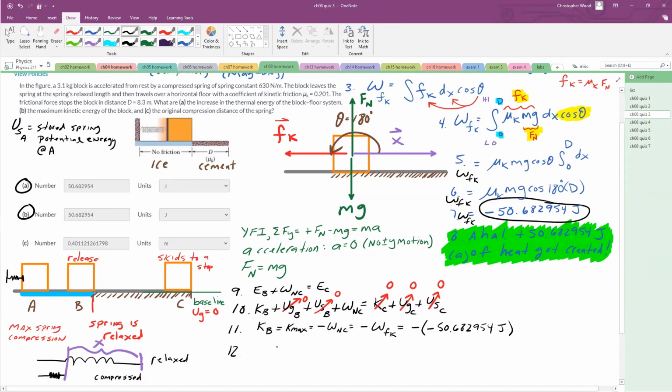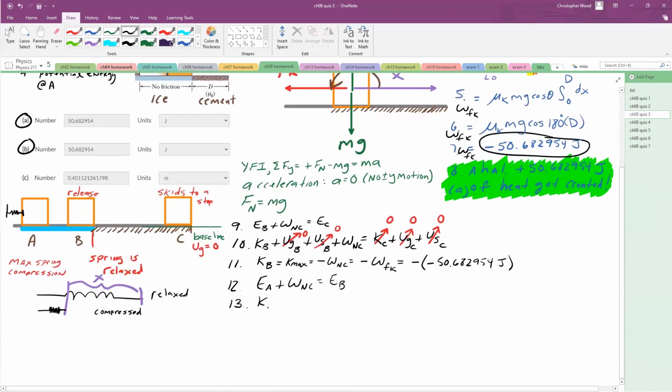I'm going to do between A and B. Energy at A plus WNC equals energy at B. I have my baseline already established. I don't need to worry about that anymore. My kinetic energy at A plus my gravitational potential energy at A plus my spring potential energy at A plus WNC.